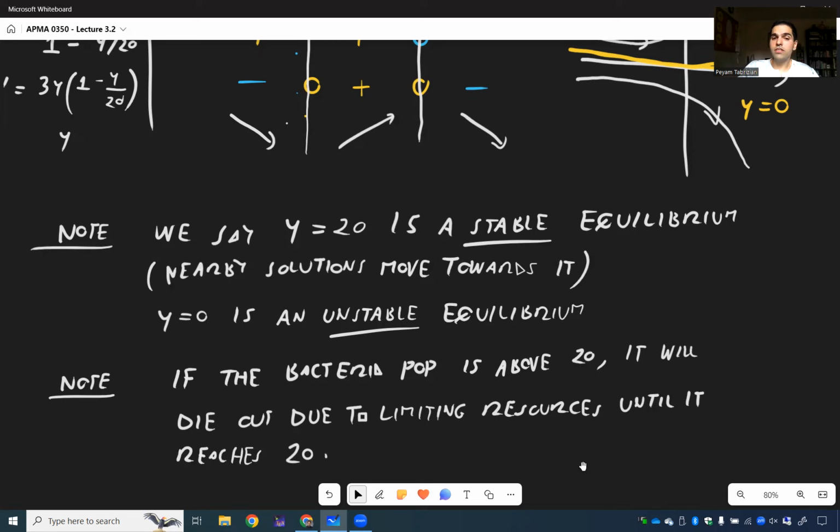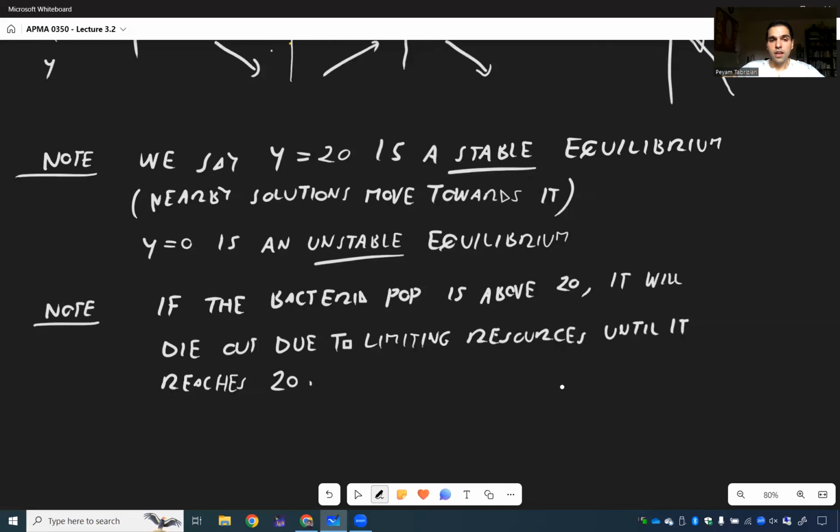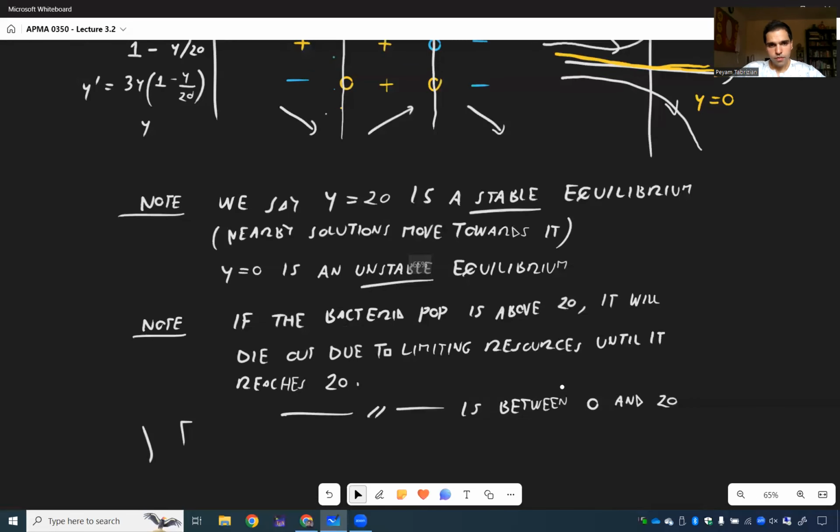And if it's between 0 and 20, they will multiply until it reaches 20.